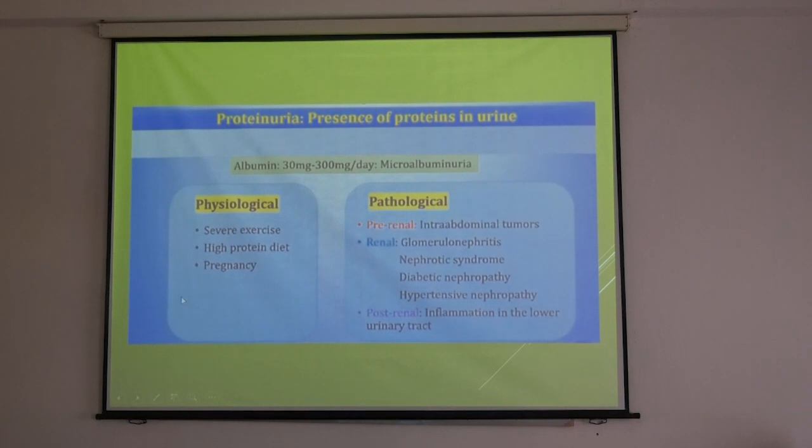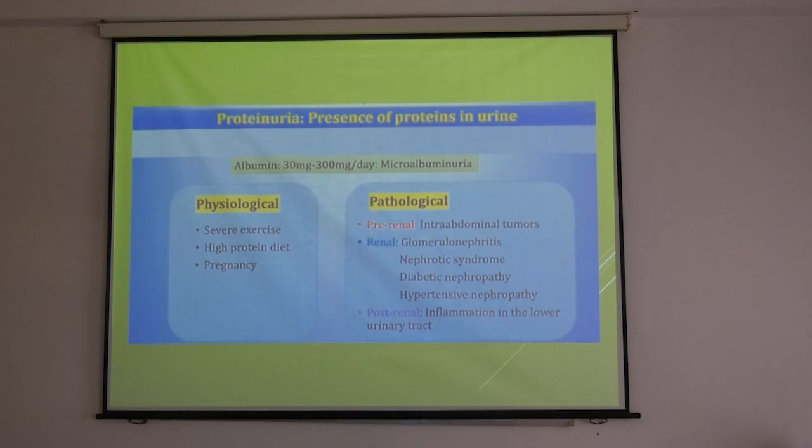This is when a very small amount of albumin is present in the urine. You have to remember the range, around 30 to 300 milligram per day. If this amount of protein or albumin is present in the urine, this is called microalbuminuria.